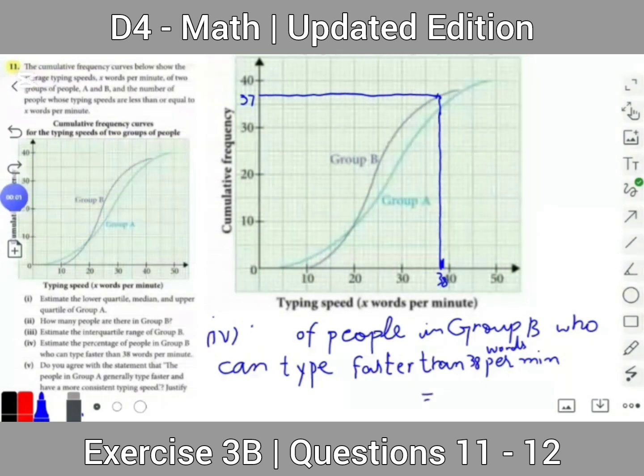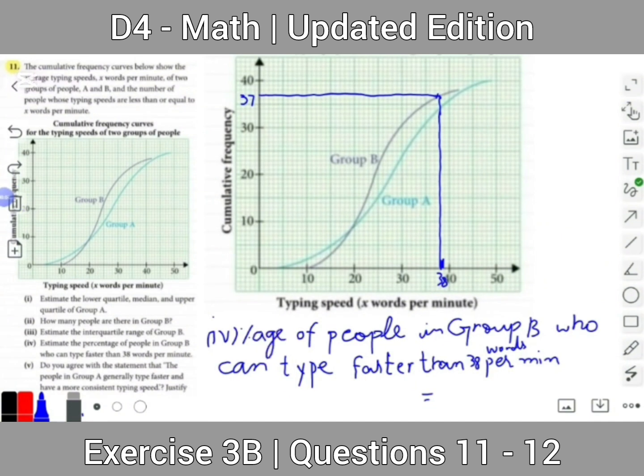Now to find the percentage of people in group B who can type faster than 38 words per minute, we can use the formula of percentages. So here we have the number of people in group B who can type faster than 38 words per minute is equal to 1, divided by the total number of people in group B, and that is 38, multiplied by 100%.